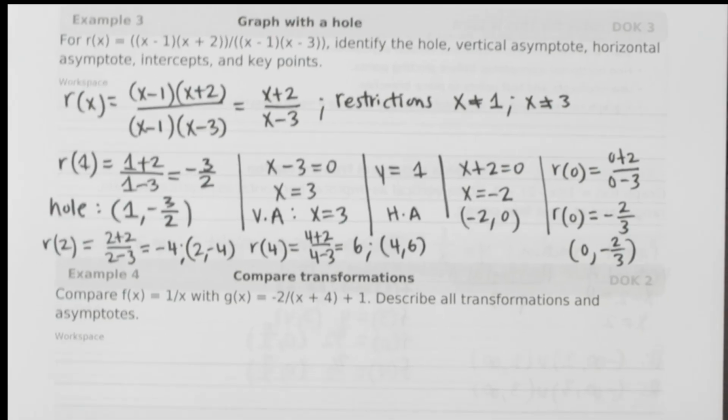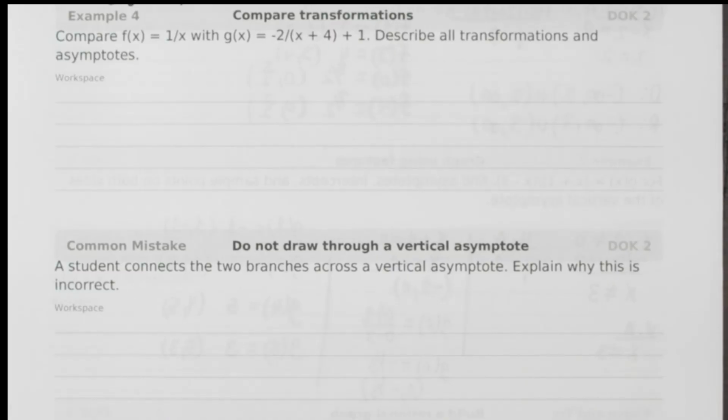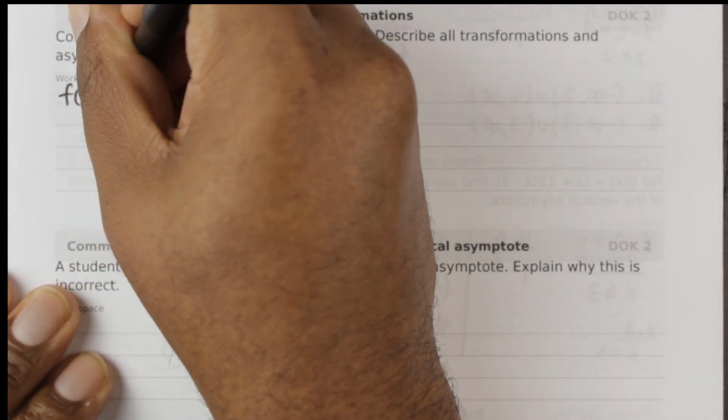Let's continue. Example number 4. Compare transformations. So we're going to describe these transformations. First of all, we need to identify something. This is a parent function: f of x equals 1 over x.